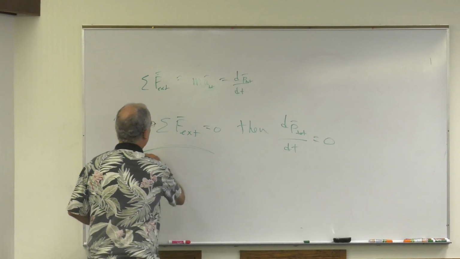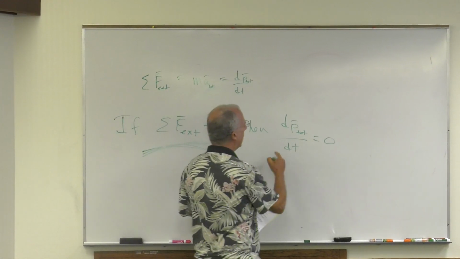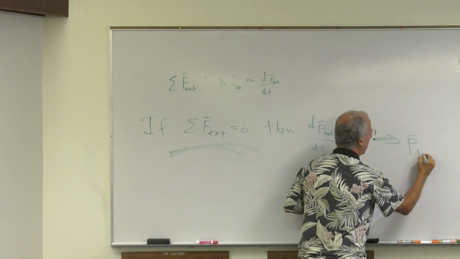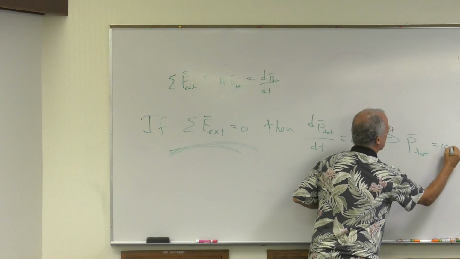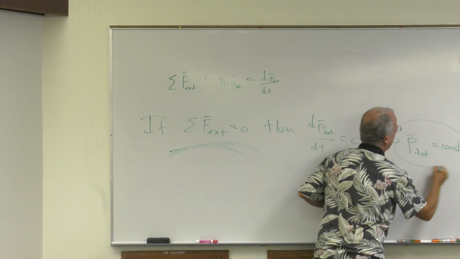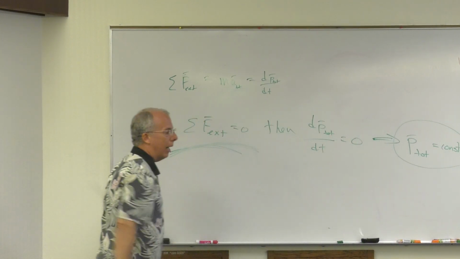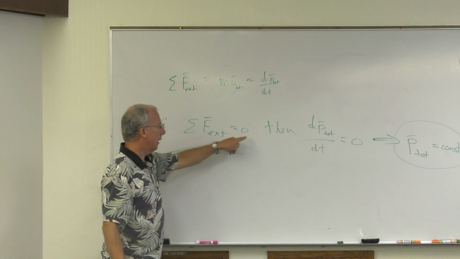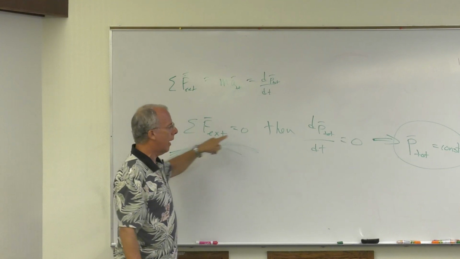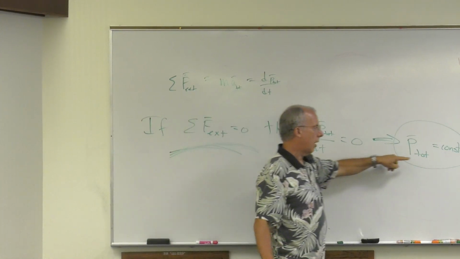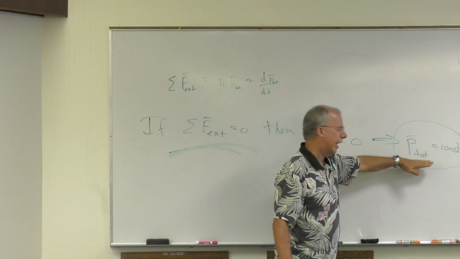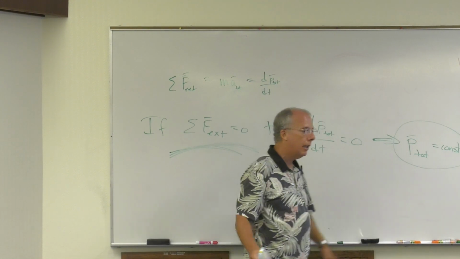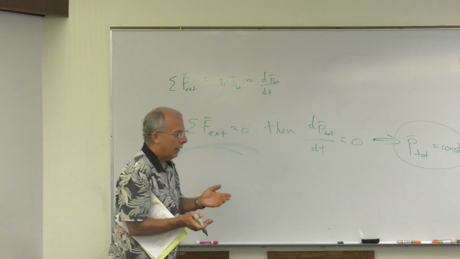So P total equals constant. That's just math, but it's incredibly important, because it means if you have an isolated system along some particular direction, the momentum along that direction or plane never changes, no matter what.